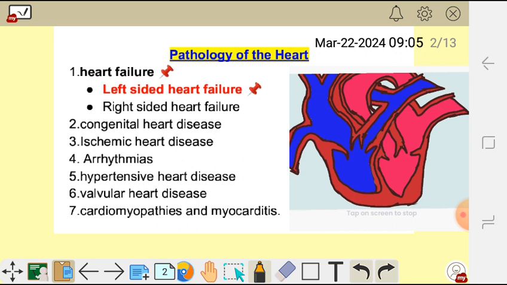And apart from the mitral valve, if we have any disorder in the aortic valve as well, we are going to have accumulation of blood in the left ventricle. Blood won't be pumped properly into the aorta, and that will lead to left-sided heart failure.